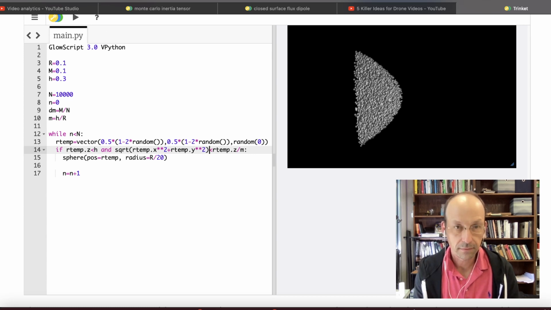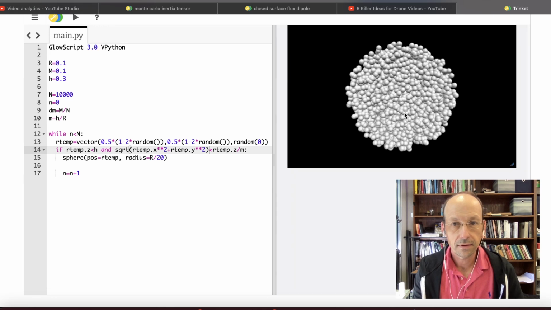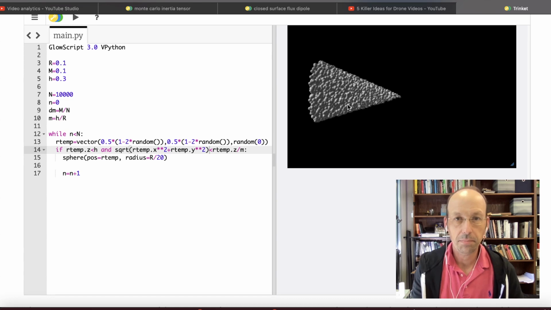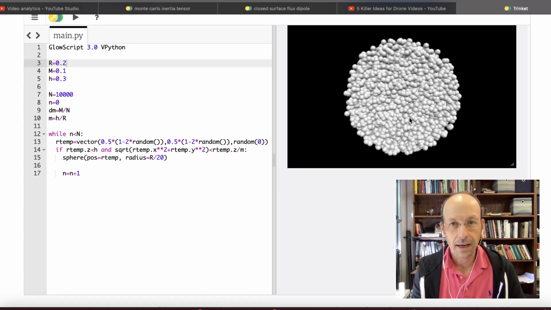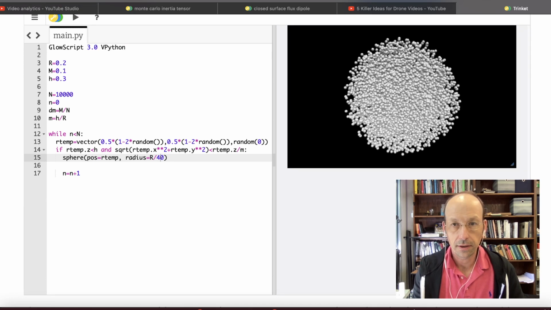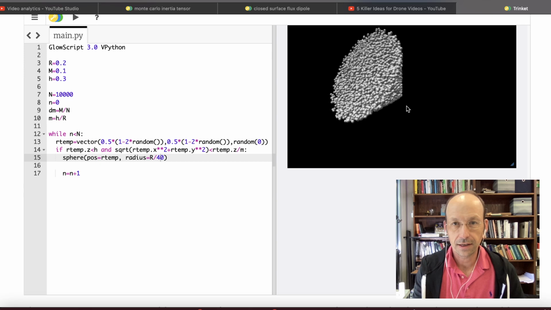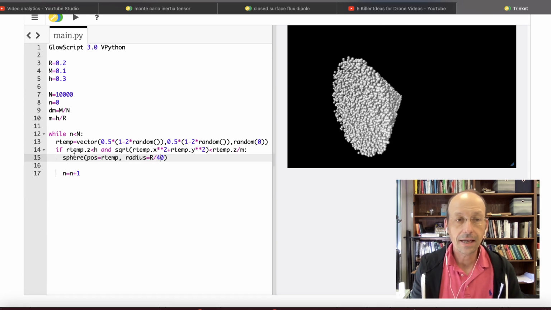Right here. That's better. Okay, so let's put this r back to 0.2. It didn't look right, you know. And let's make the ball a little bit smaller. Let's see, so I have this, it's divided by 40. There we go. There's my cone. Check that out.